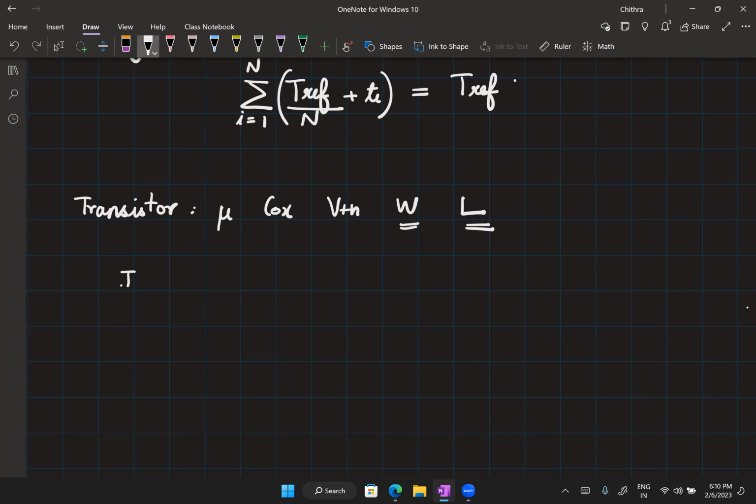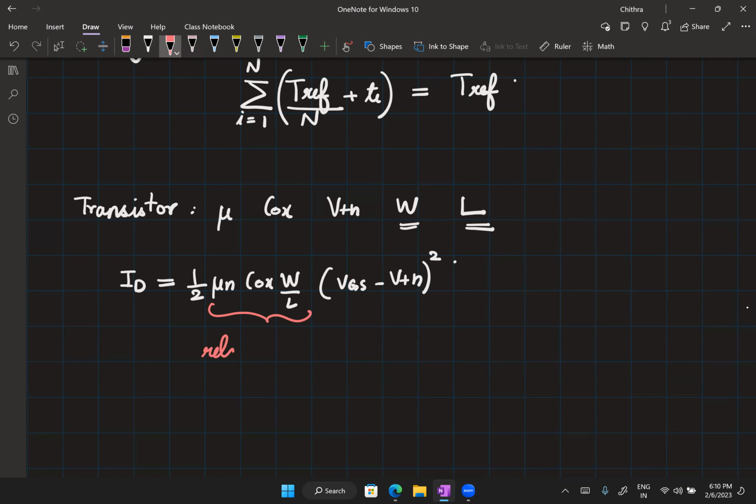Okay, so let me write the equation for current in the saturation region. This is half mu COX, W by L into (VGS minus VTH) the whole squared. The variation in all these properties, we will represent as a relative mismatch.